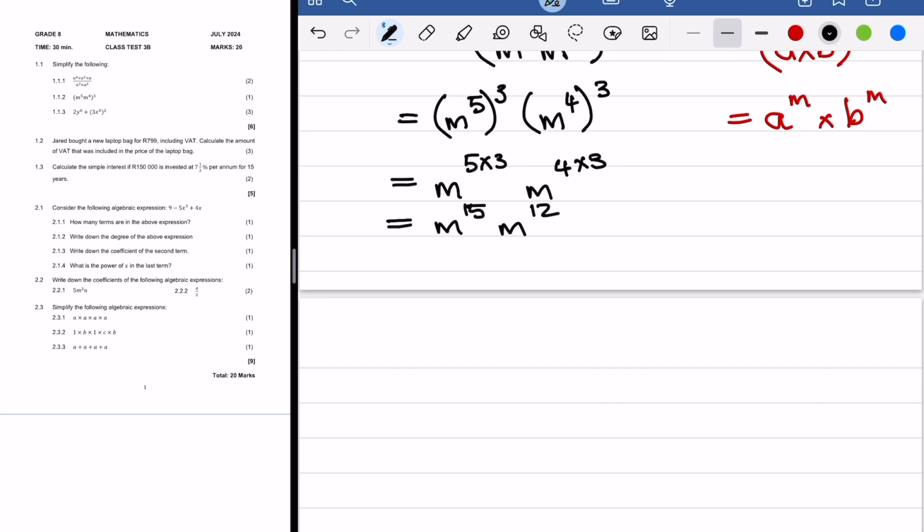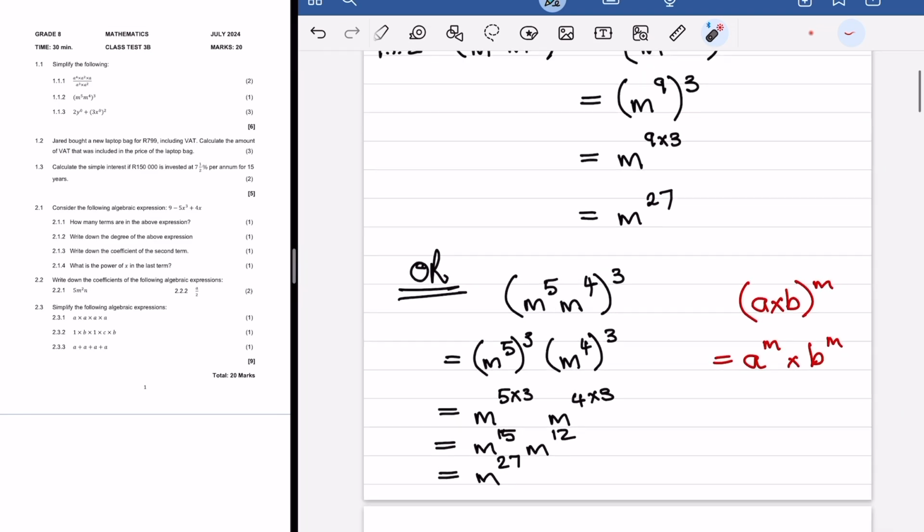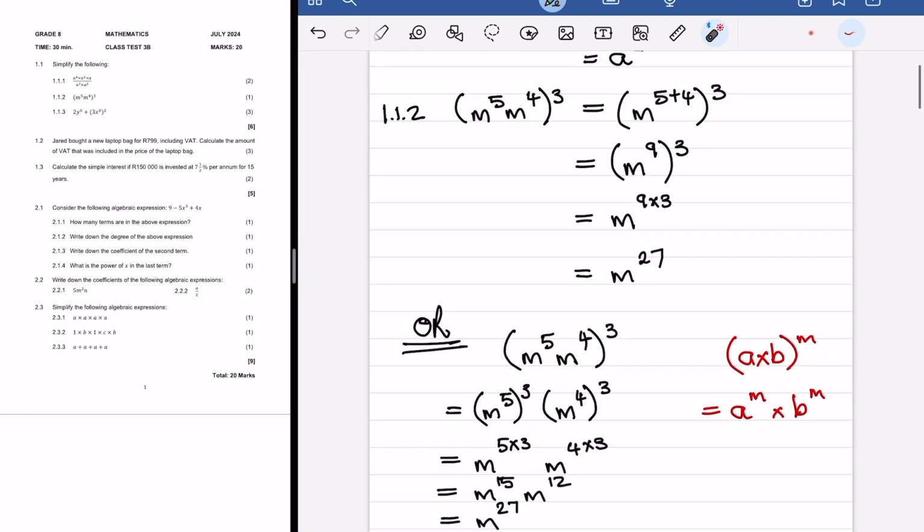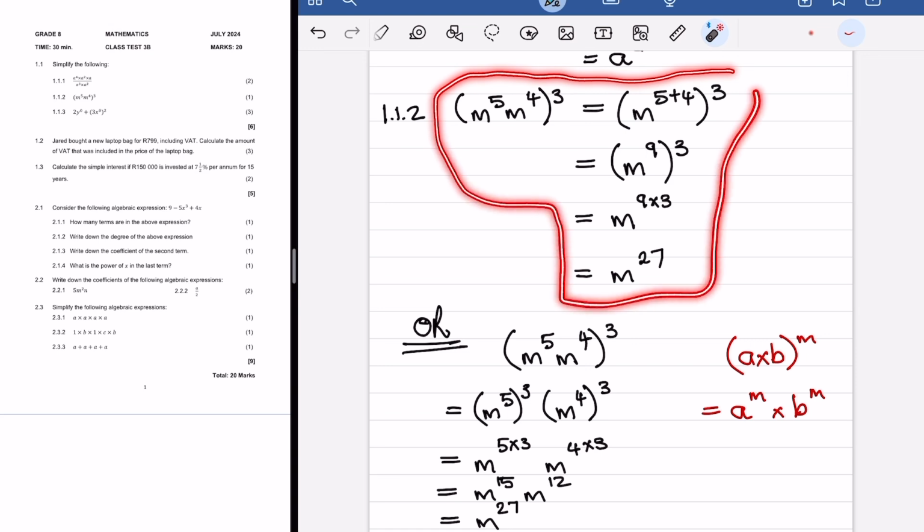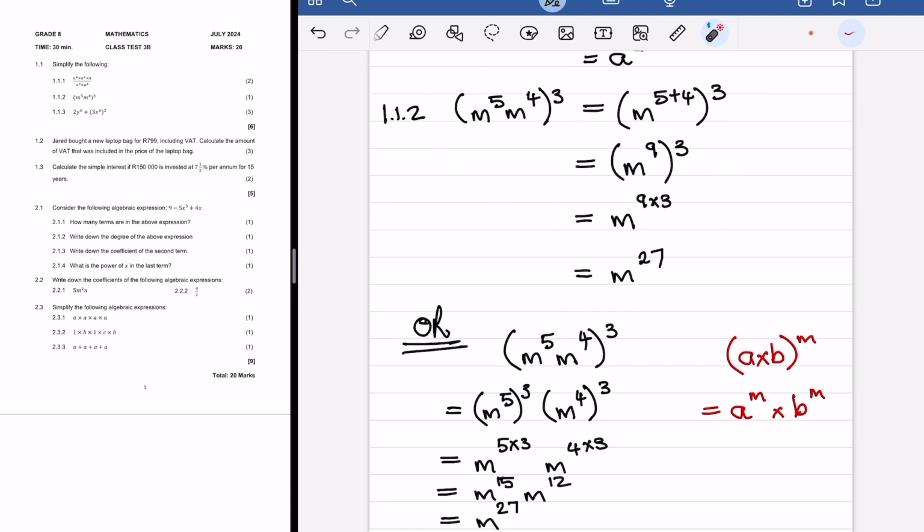Now at this point, we of course still have a product of two powers with the same base, so I can keep my base and I can add my exponents of 15 plus 12, which is 27. Looking at these two approaches, I think we can all agree that the first one is the easier one.